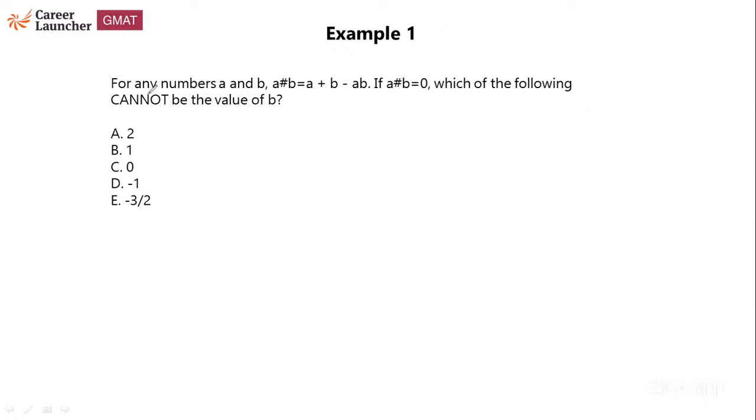For any numbers a and b, a hash b is a plus b minus ab, and a hash b is 0. So what can be simply said is that a hash b value is a plus b minus ab, and a hash b is 0. That means a plus b minus ab is equal to 0.